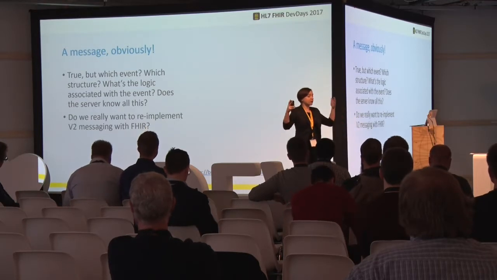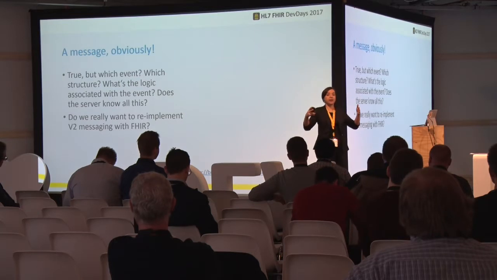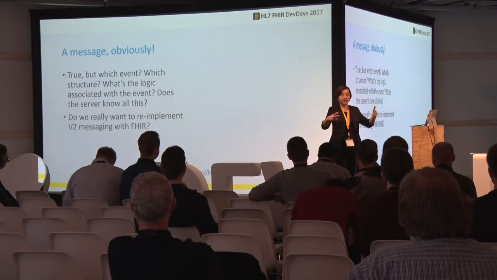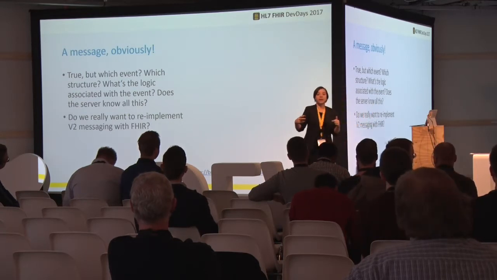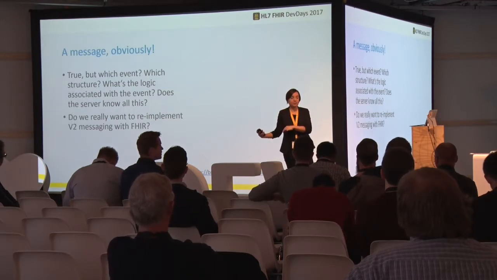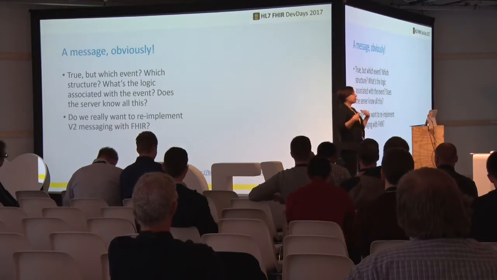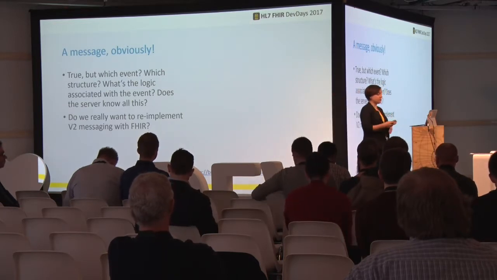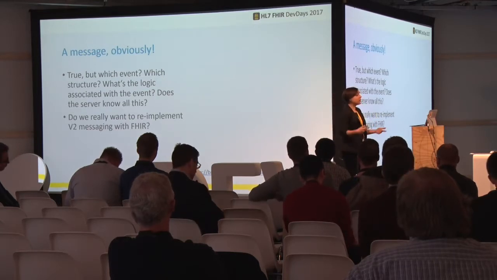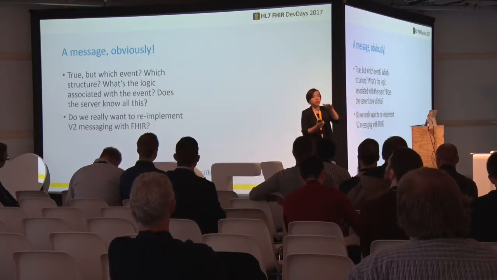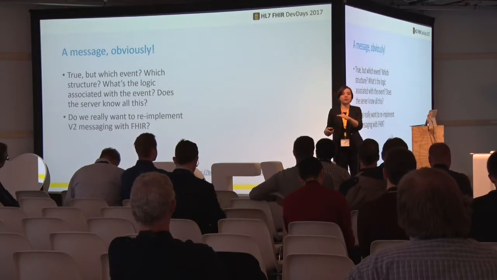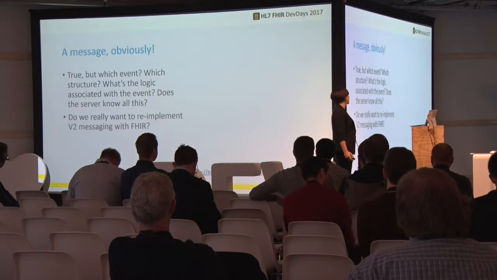So in order for this system to be able to process a FHIR message, and assuming that we already had the message defined, it would have to have an implementation of business logic for this exact event in order to process the message correctly. So if we were to use messaging in combination with version 2 mapping, we would have to define maybe not all version 2 events, maybe we could reduce them to a number of really important events, or maybe we'd find a lot of events that would behave in the same way on the back end.